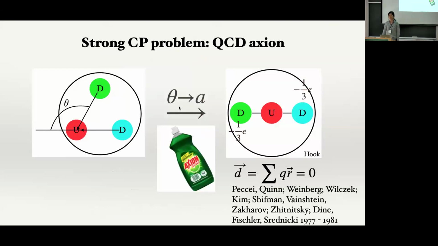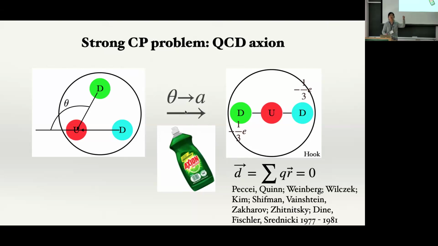In the QCD axion solution, this is explained by promoting the theta angle to a dynamical field, the so-called axion field, which is named after a detergent which you could not find in the US.